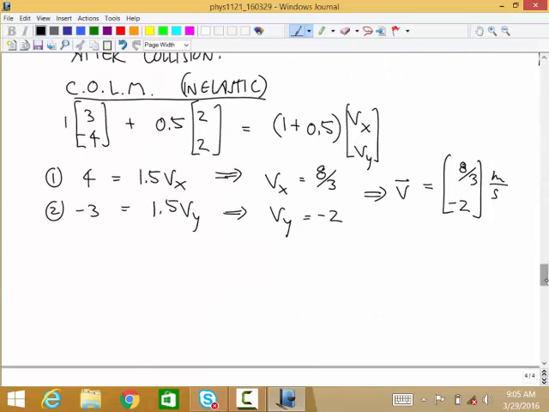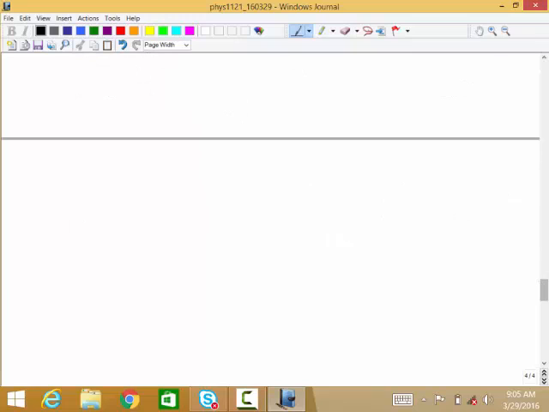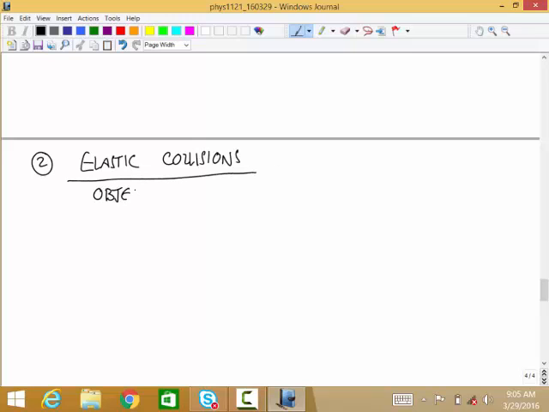Okay, the other type is elastic. In elastic collisions, the objects bounce apart without losing what's called kinetic energy.